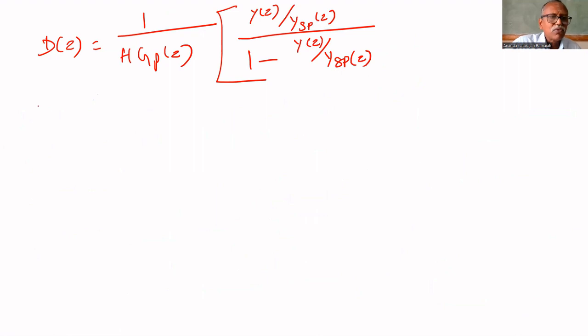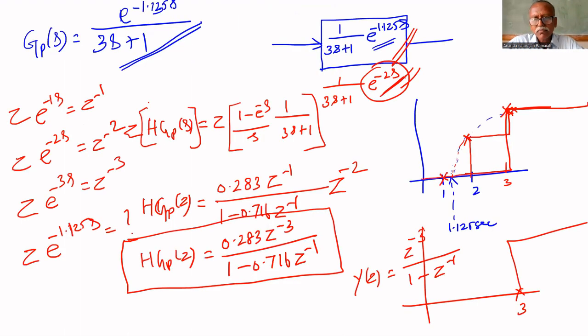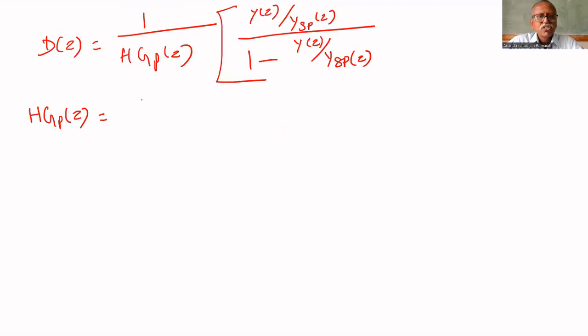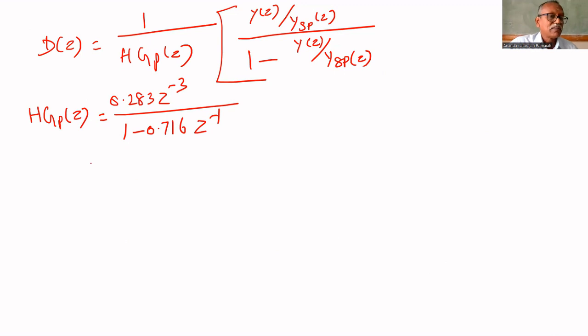Here, HGP of Z already we got. HGP of Z equal to 0.283 Z power minus 3 upon 1 minus 0.716 Z power minus 1, because the system has dead time. What is Y of Z?